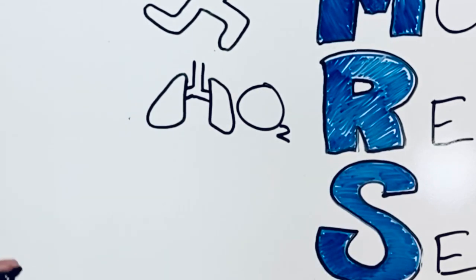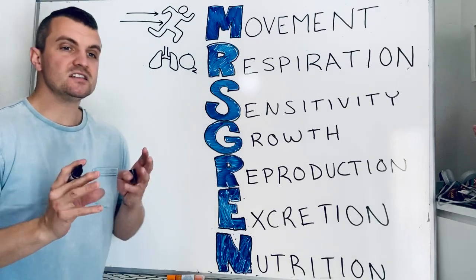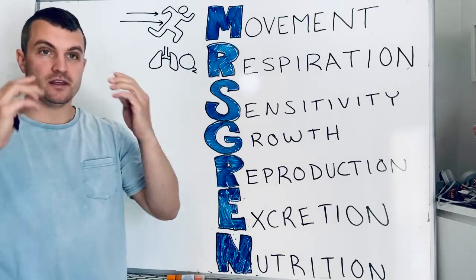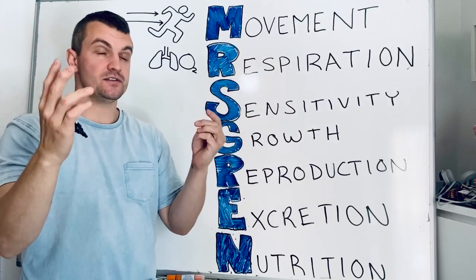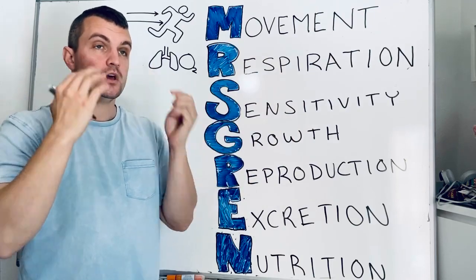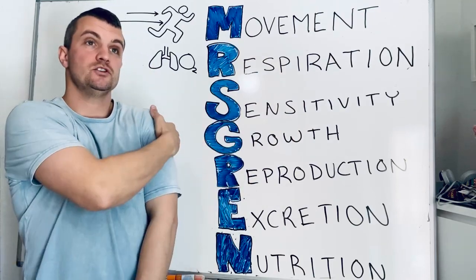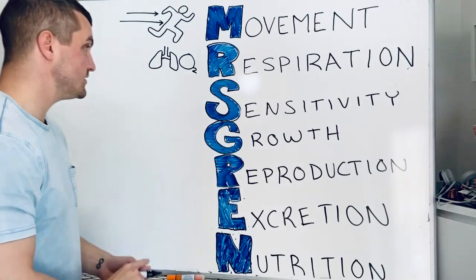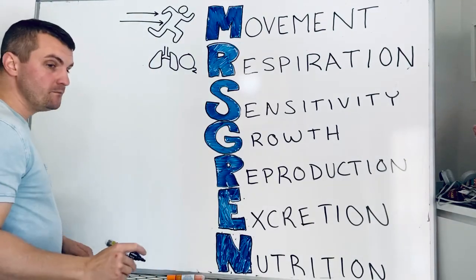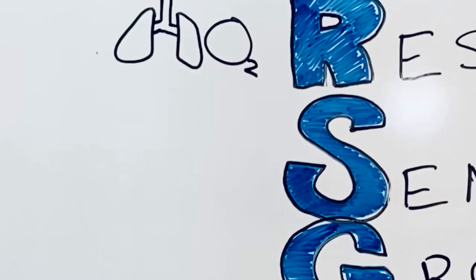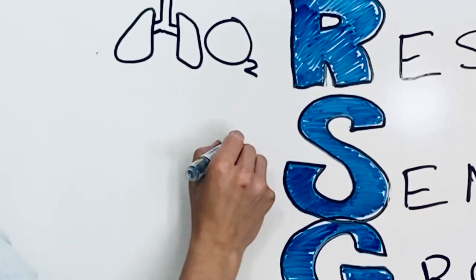Sensitivity. Now, sensitivity means, does it react to its surroundings? Is it sensitive? Is it perceiving? So sensitivity, we're going to draw 2 symbols for sensitivity. 1, can you feel, right? I'm going to draw a hand.